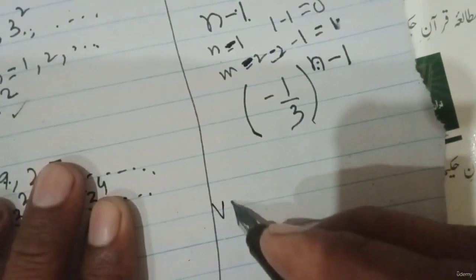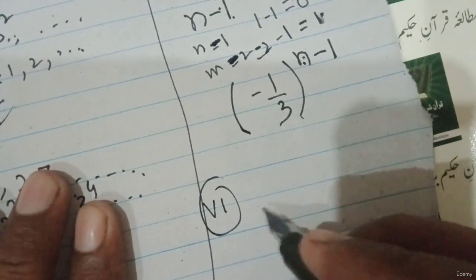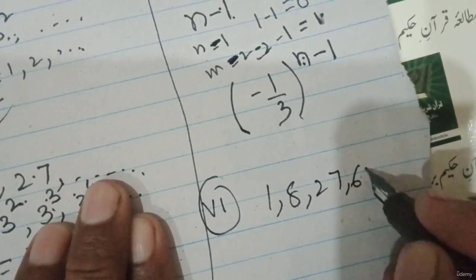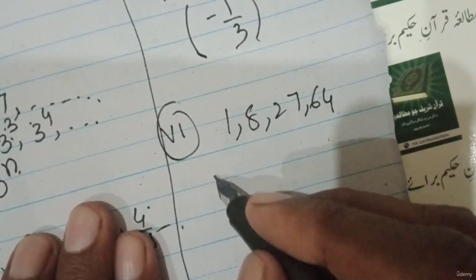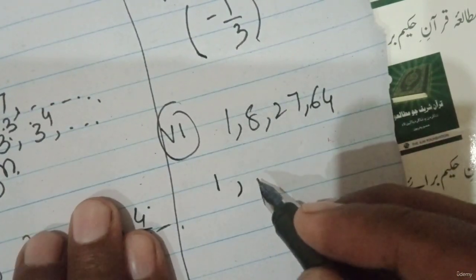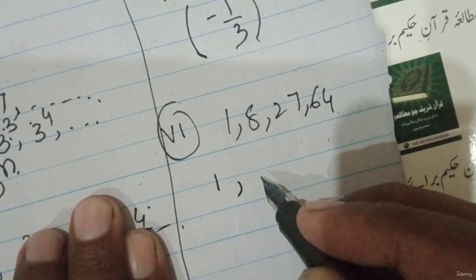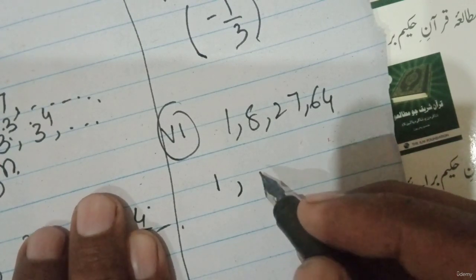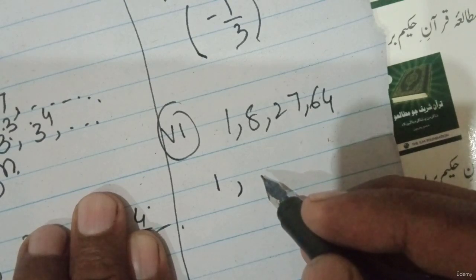Now the last part says 1, 8, 27, 64. Now observe these terms. 1 is still 1 here. And what about 8? What can we make 8? 2 square, 2 cube, or anything.